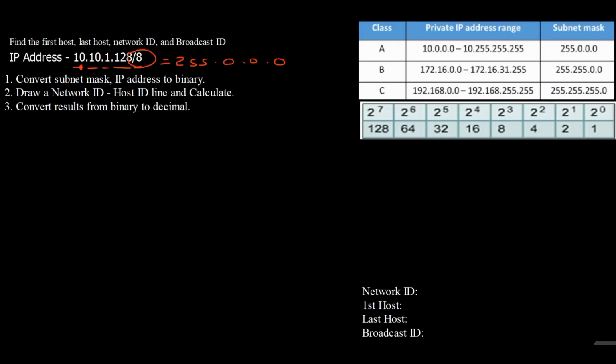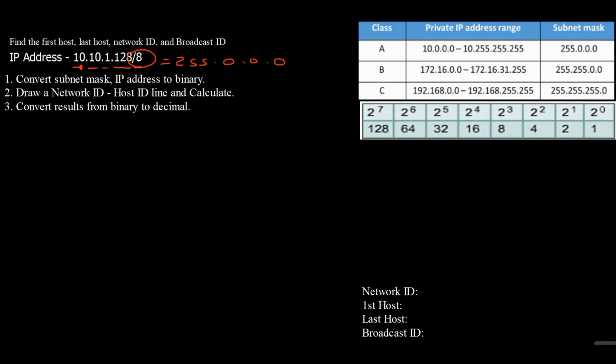The main function of the subnet mask is to divide our IP address into two things, which is the network ID and the host ID. So when it says 8, it means that the first 8 bits, starting from the first octet, belong to the network ID. And from 8 we can also understand, if we go to the right side, that this is a class A IP address.